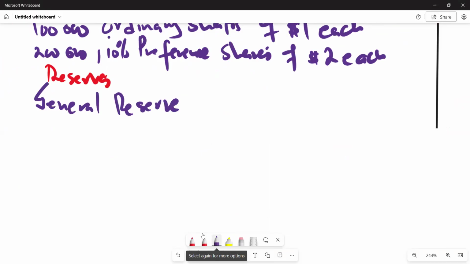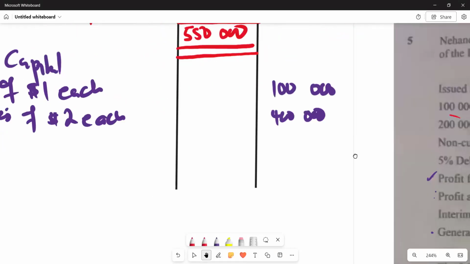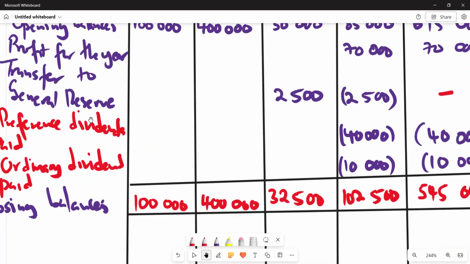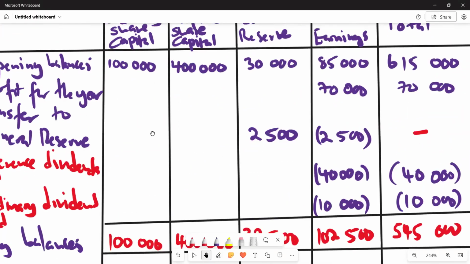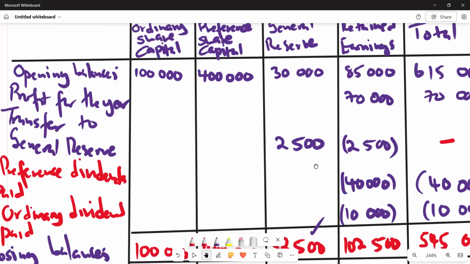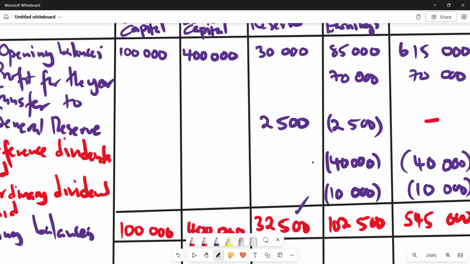For the general reserve, we take the figure that we got in the statement of changes in equity to represent our reserves. So we come here, you'll see that our general reserve figure is here. We are having the column for general reserve here, and we got 32,500. So this is the figure that we are taking. And also we can check again in terms of retained earnings. The figure that we got is 102,500. So those are the two figures that are going to go under our reserves.